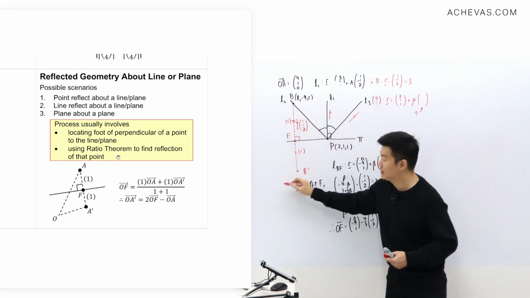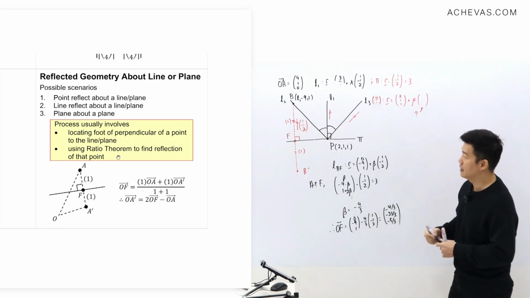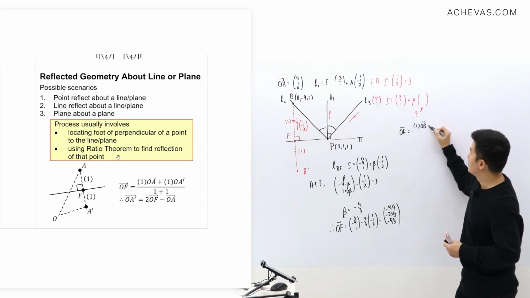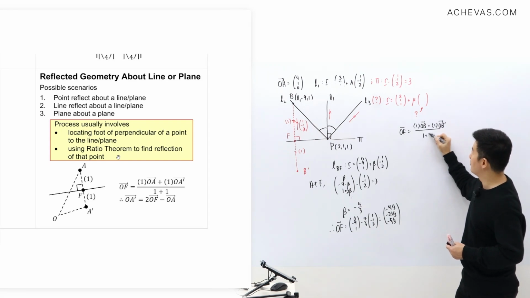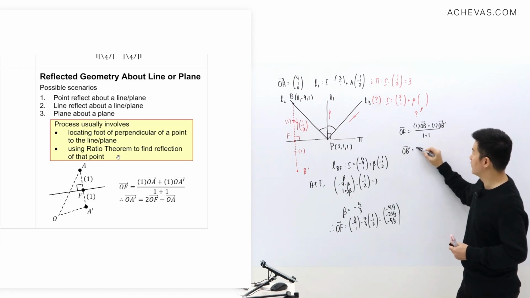If I were to reference everything to the origin, I can then make use of the ratio theorem to try to find B prime. So making use of the ratio theorem, we know that OF is going to be 1 times OB plus 1 times OB prime, divided by 1 plus 1, which gives me OB prime as 2 times OF minus OB.